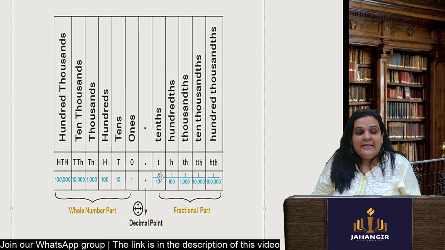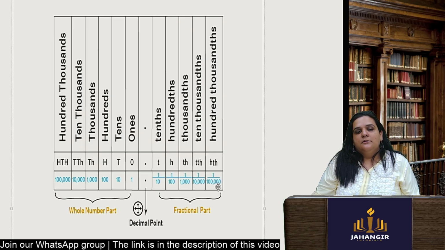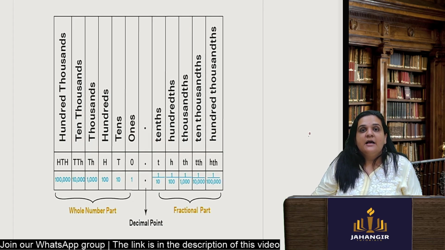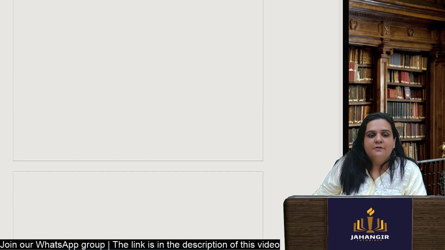So there is tenths, 1 upon 10, hundredths, 1 upon 100, thousandths, 1 upon 1000, 1 upon 10,000, 1 upon 100,000. They may ask you certain MCQs in which they will ask you to find the place value of a given decimal.